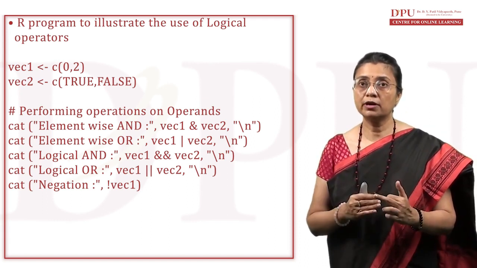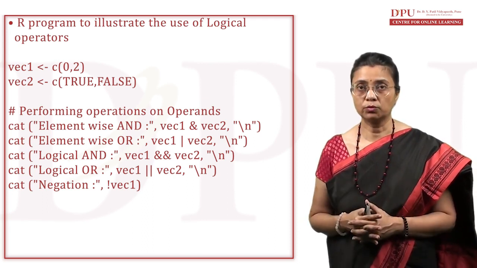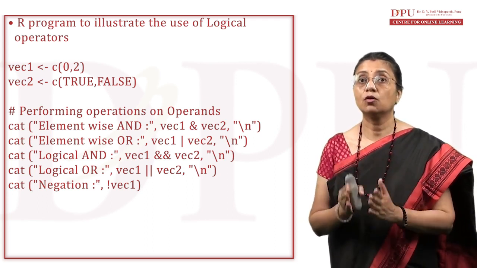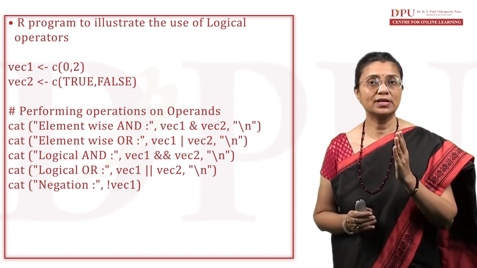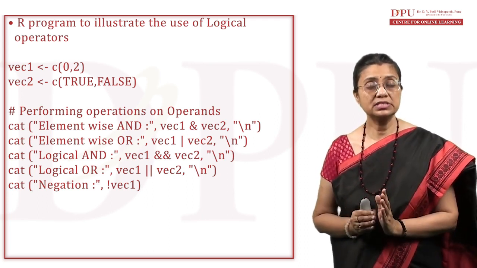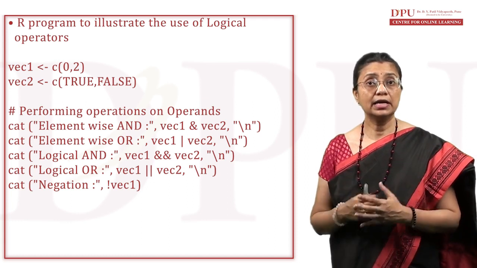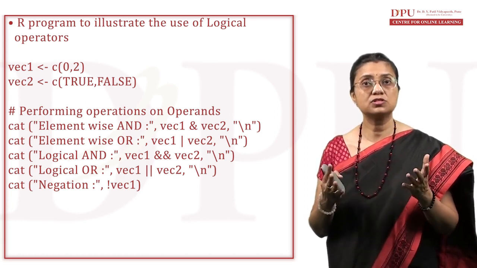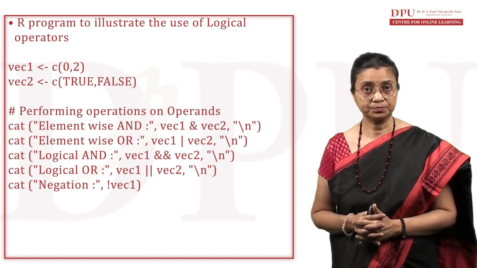And if they both are true, only then the result would be true. And likewise, if it is logical OR, the first element of vector 1 will be compared to the first element of vector 2. And if any of the values is true, the final output would be true.